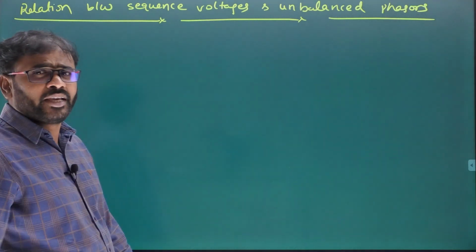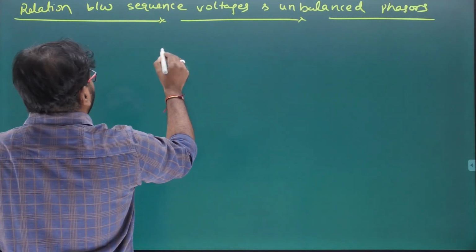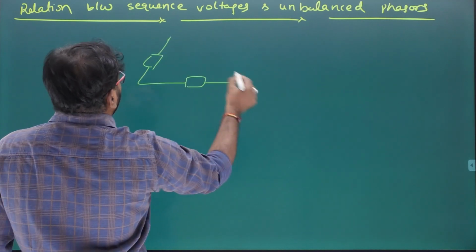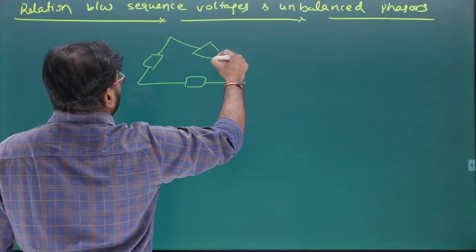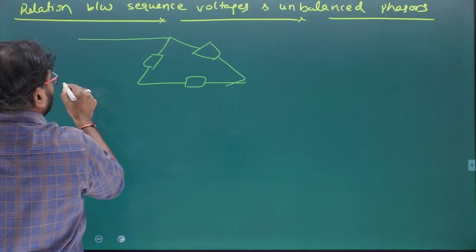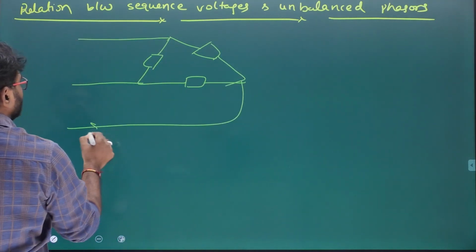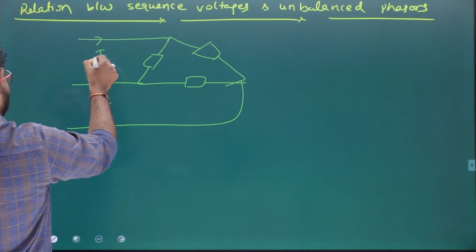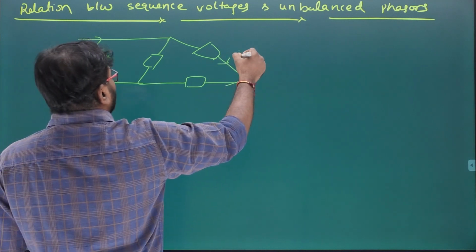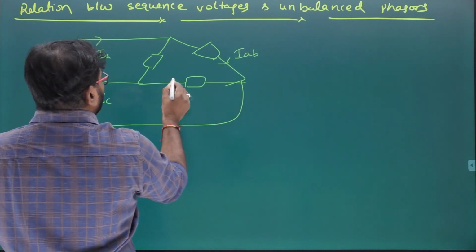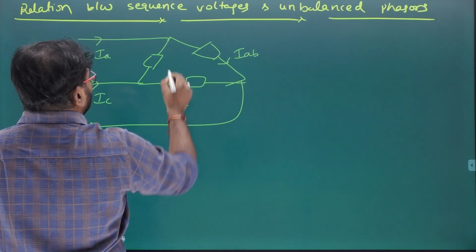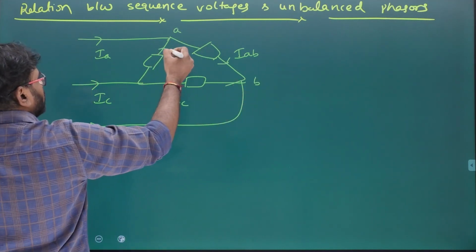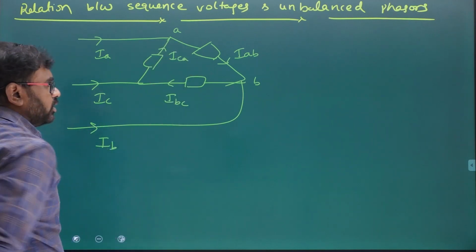For example, let's say you have a delta connected load. Let's say this is IB, IA. Now what about this IAB, IBC, ICA. This is how we can show.